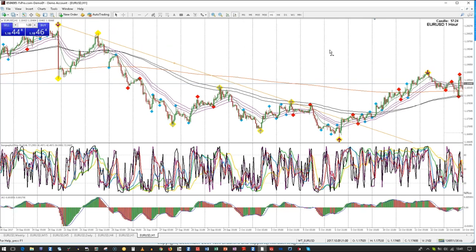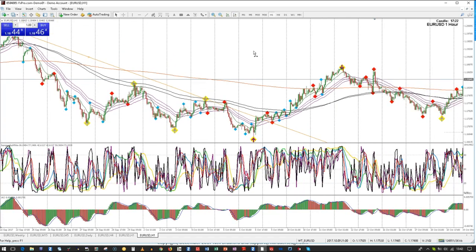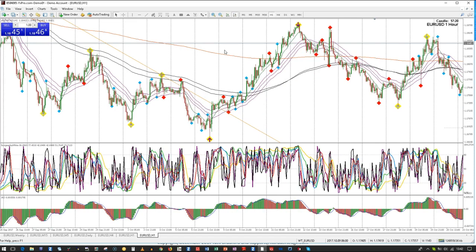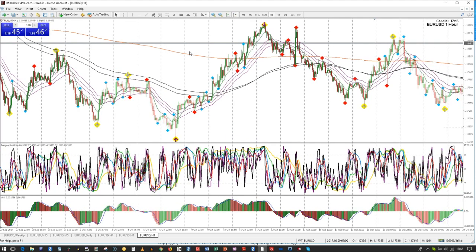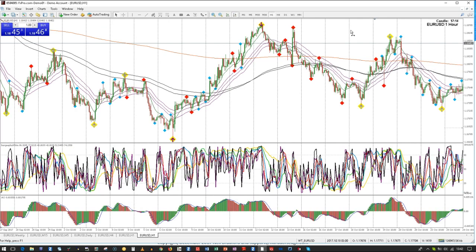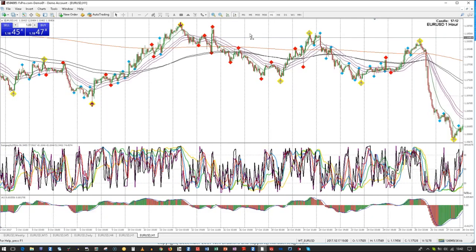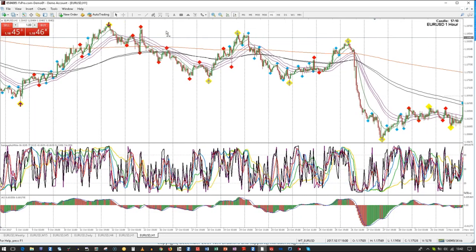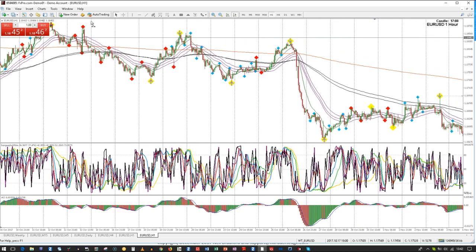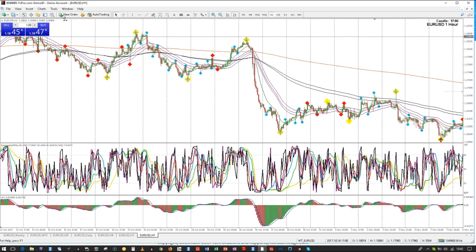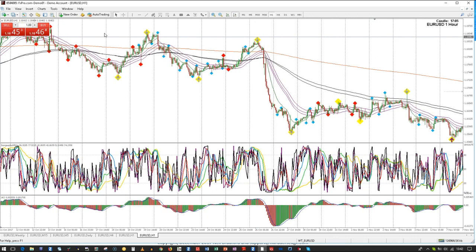Okay, let's advance the chart and see if we get another. Oh, hang on, I'll just delete that line first. There wasn't one here, so there's nothing we can do about it. There's one.